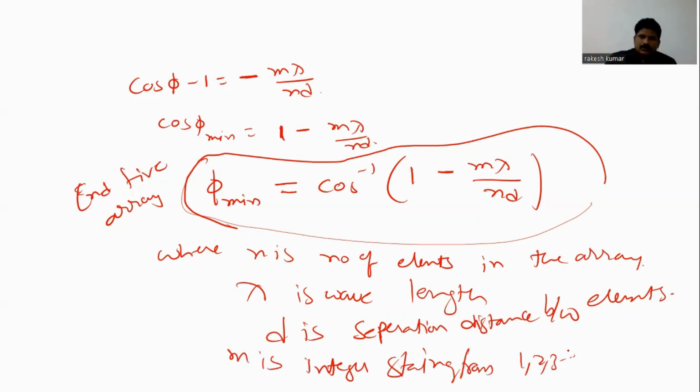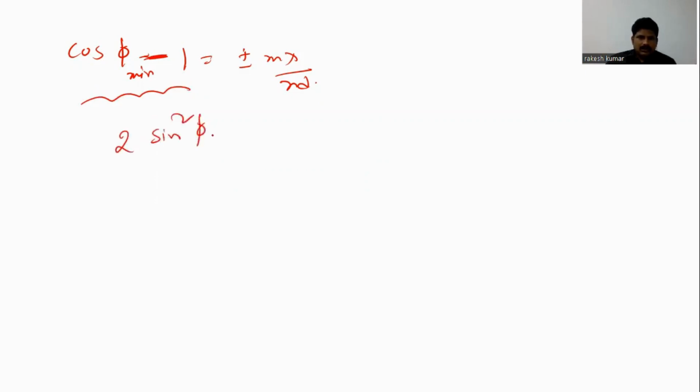Okay, so one expression we have got is cos phi minimum minus 1 is equal to plus or minus m lambda by n d. We will take this one and derive another expression in terms of nulls. So cos phi minimum minus 1 is equal to plus or minus m lambda by n d. Cos phi minus 1 can be written as minus 2 sine square phi minimum by 2 is equal to plus or minus m lambda by n d.